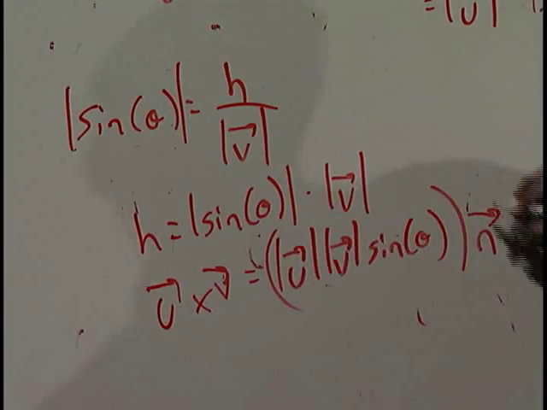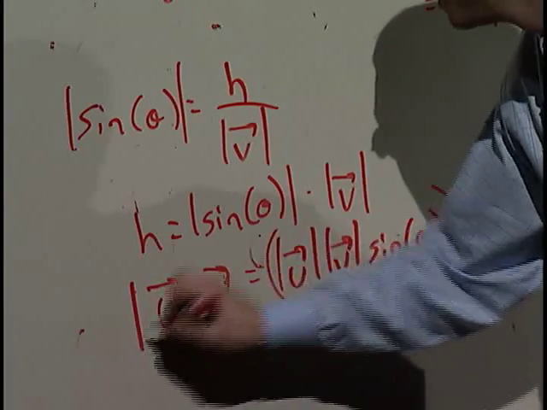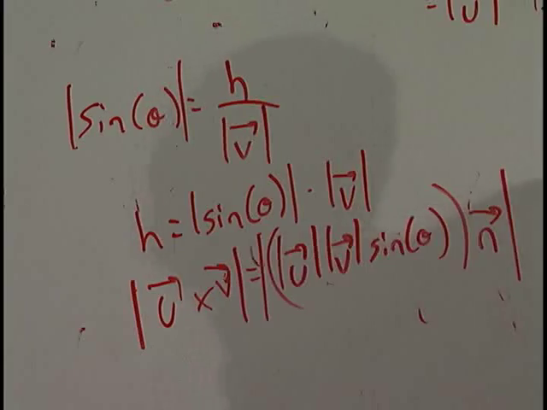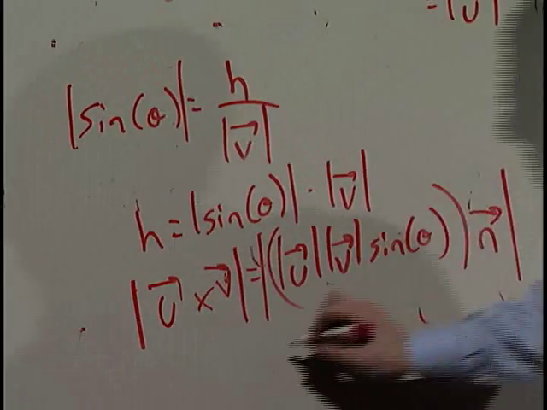And so if we put a length around both sides, we get the length of that vector, right?